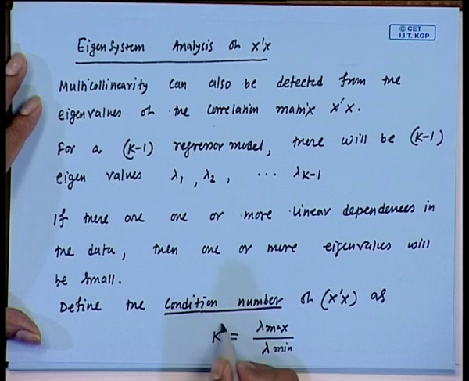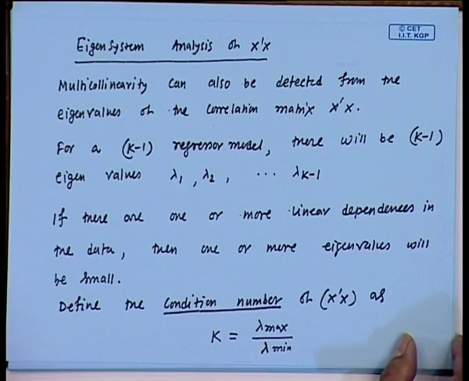So, a large value of k indicates the presence of multicollinearity in the data, right.